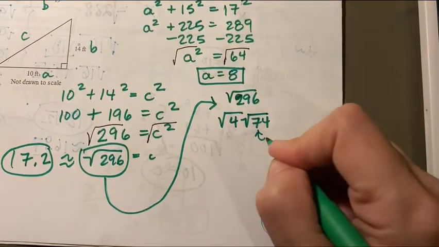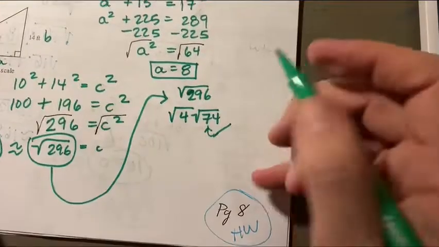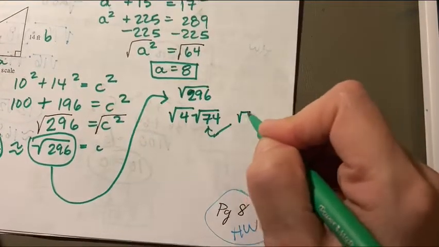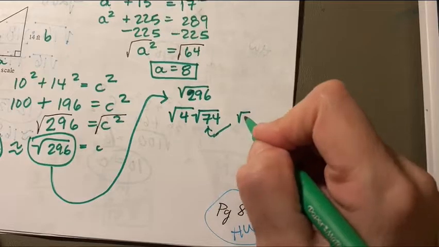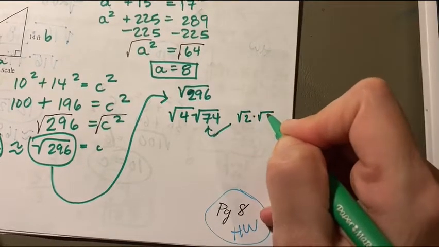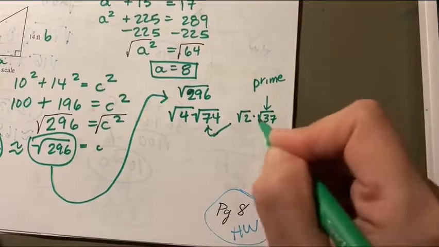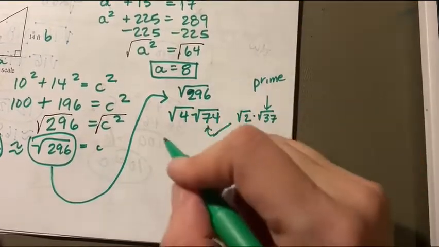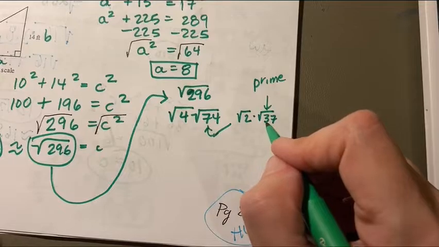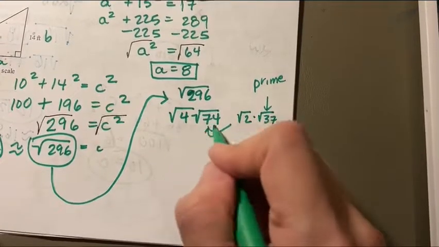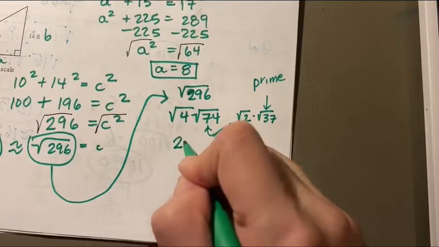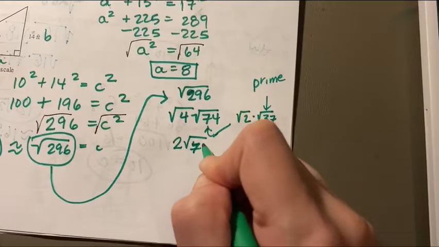So the square root of 74, believe it or not, doesn't look like it's in simplest form, but the square root of 74 is the square root of 2 times the square root of 37, and 37 is prime. So we do not have 2 of a kind to pull out. We don't have a perfect square in there. So that is as simple as it gets. So the square root of 4 would be 2, and this would be our final answer.